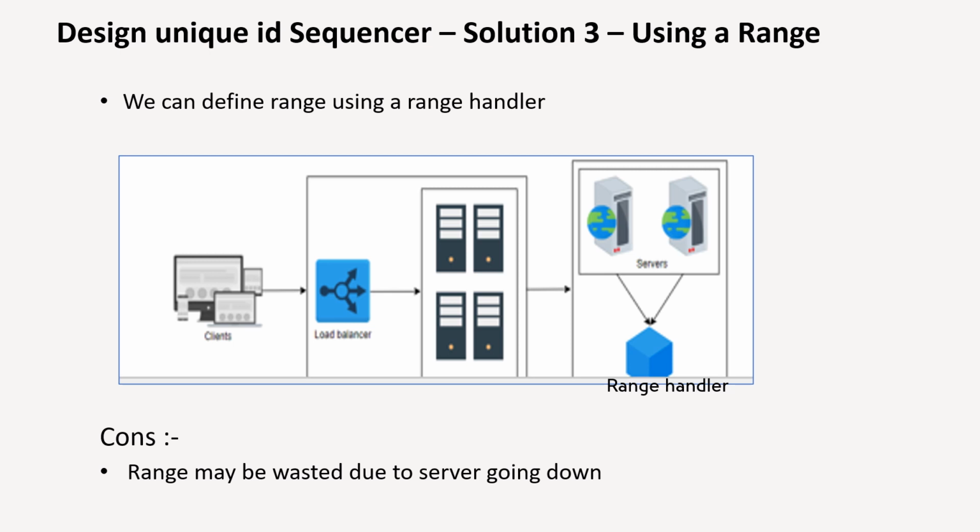So there might be some wastage, but overall this solution is scalable, and it also provides you unique IDs for each event, and availability is also high because you can add multiple servers and there is no issue as such, right?